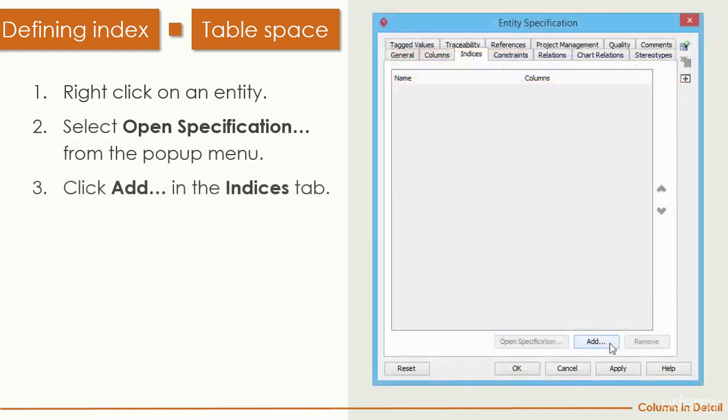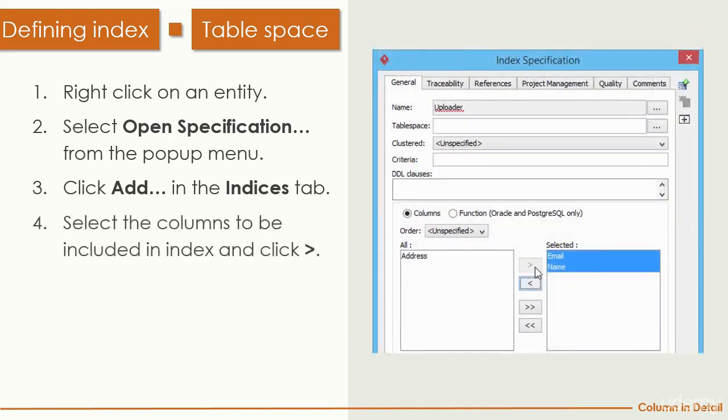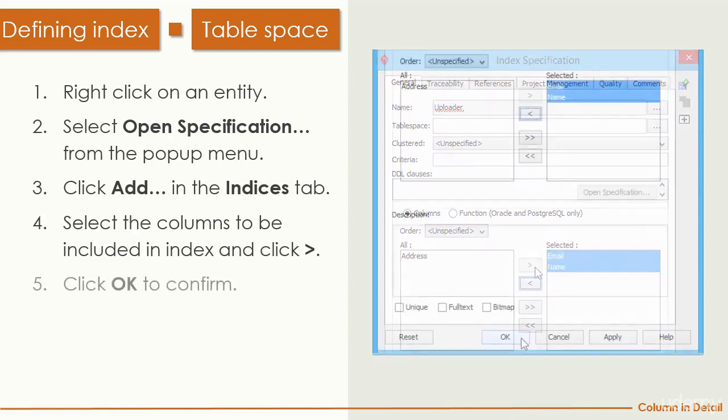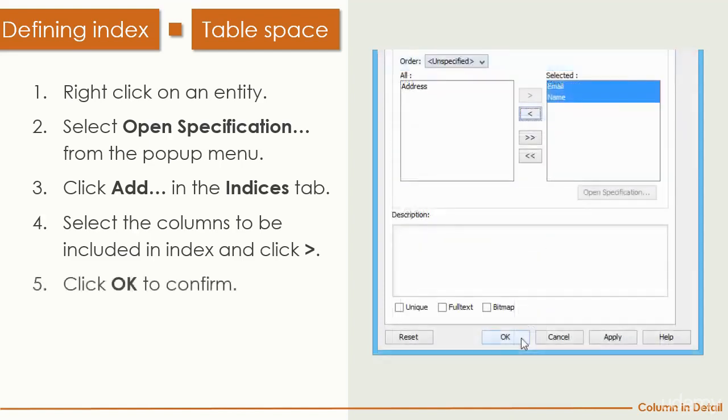After that, you go to the index tab in the specification dialog box and click the add button. After that, you can select which columns you want to be the index, and then move them to the right hand side. Left is all columns, right hand side is selected, and then click OK to confirm. Then you set this column to be the index.